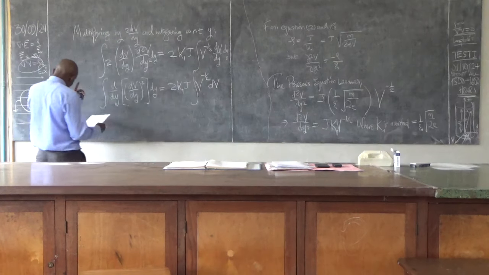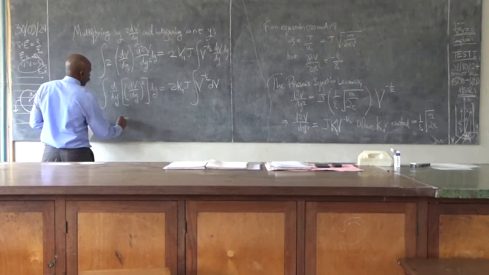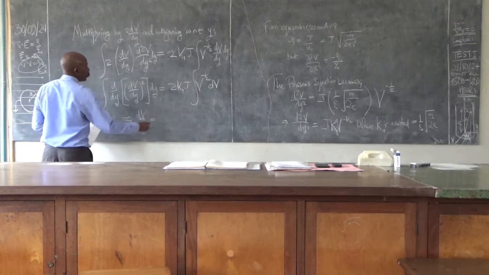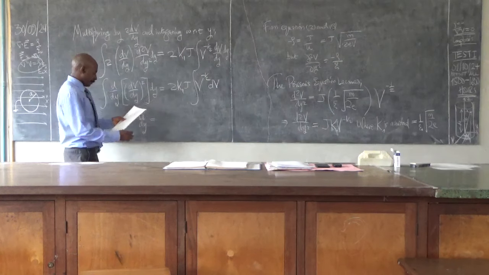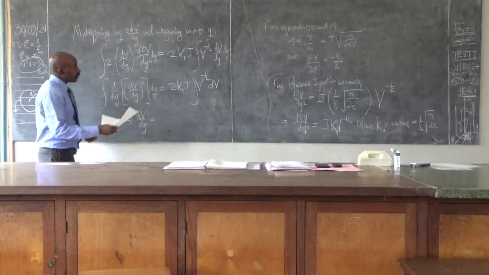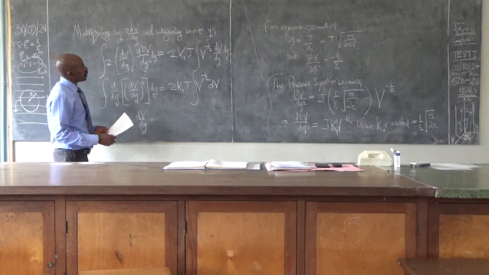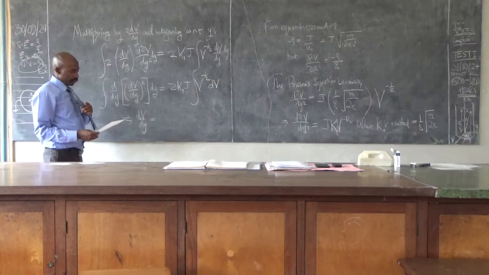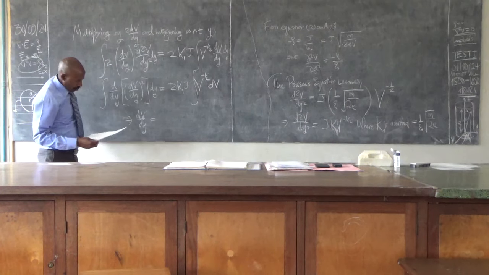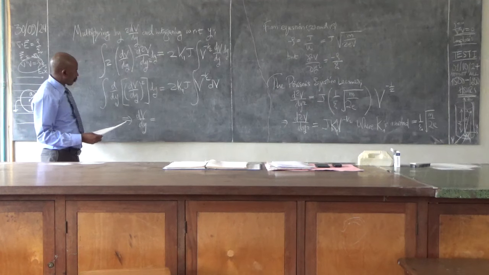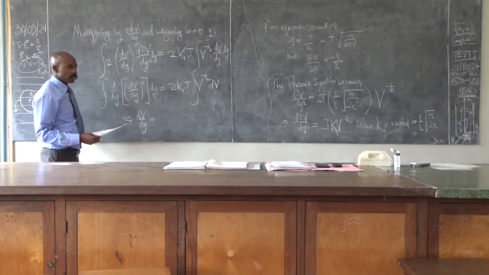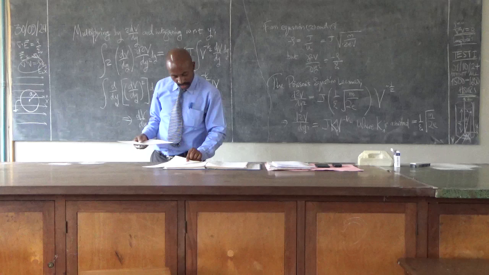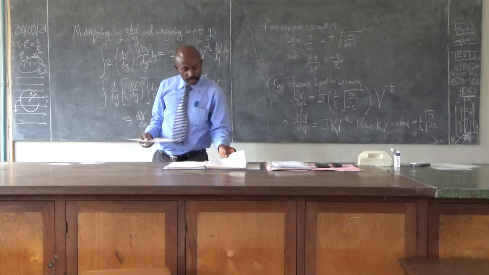So this would imply that dV dy squared would equal, when we integrate this with respect to V, what do we get? I just want to be sure that I'm at the right place.